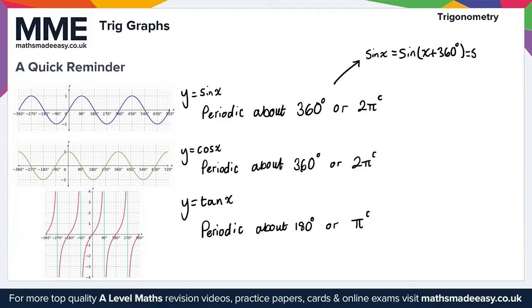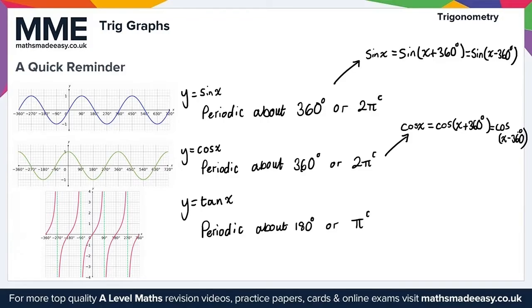We can repeat this for cos, and cos follows in the exact same manner, because it's periodic about the same number of degrees. So cos x is equal to cos of x plus 360 degrees, which is equal to cos of x minus 360 degrees.